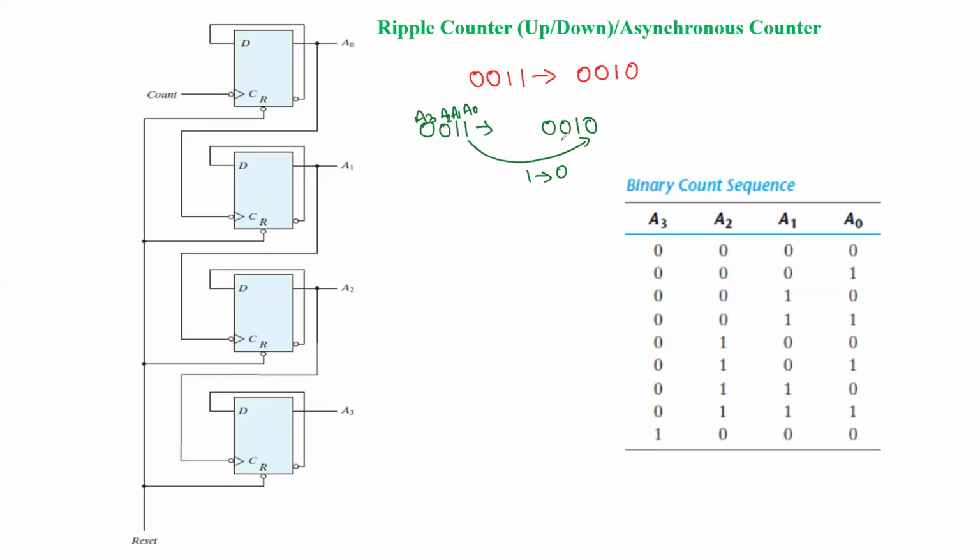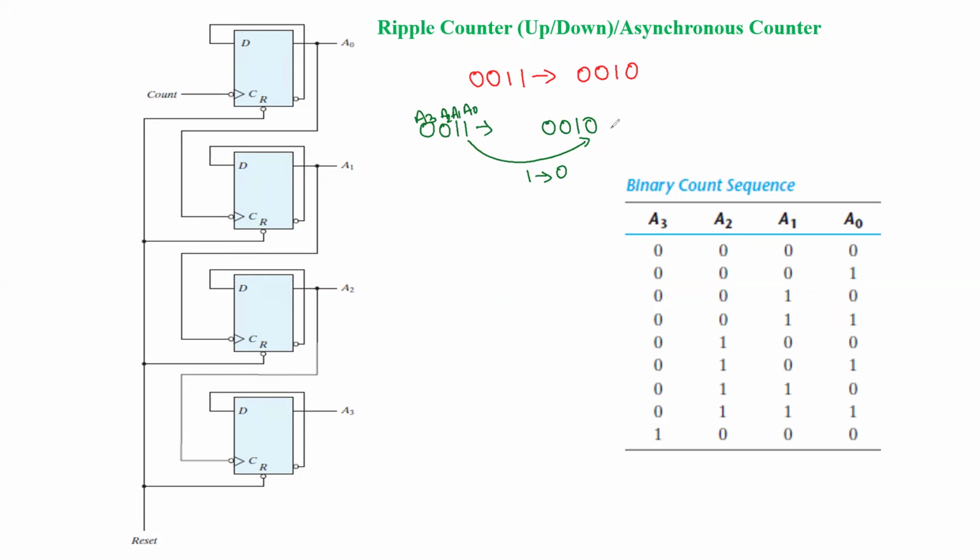So that's why the output will remain 0, 0, 1, 0. Now again, from this 0, 0, 1, 0, we'll obtain the output again as 0, 0, 1.